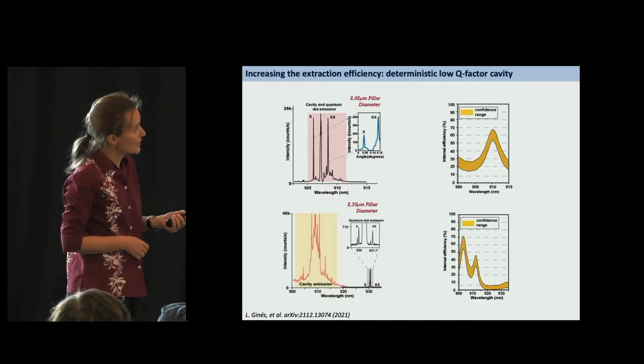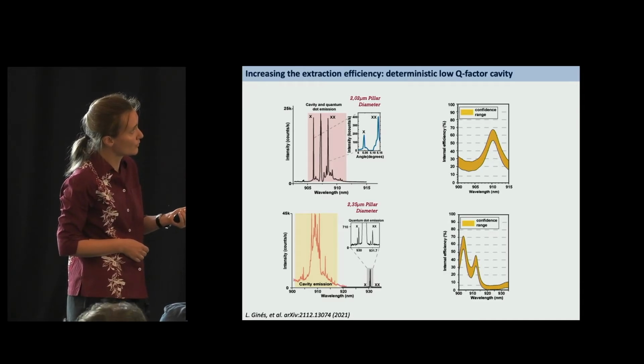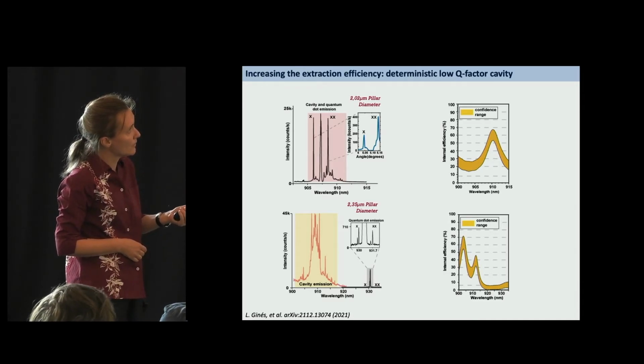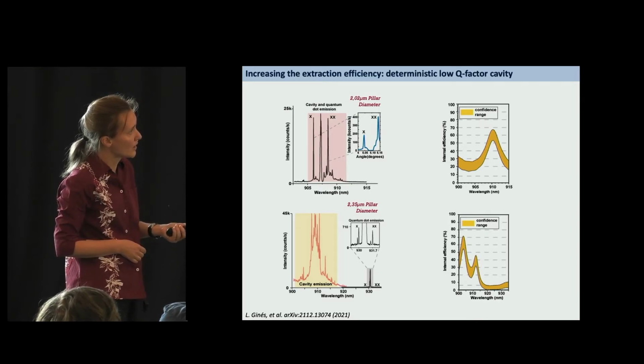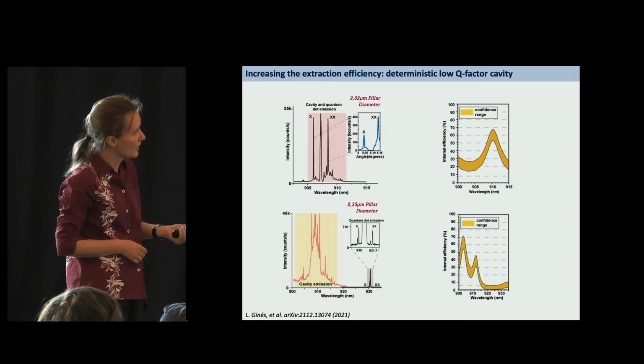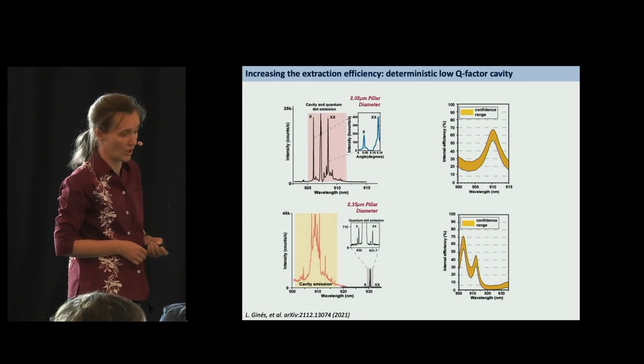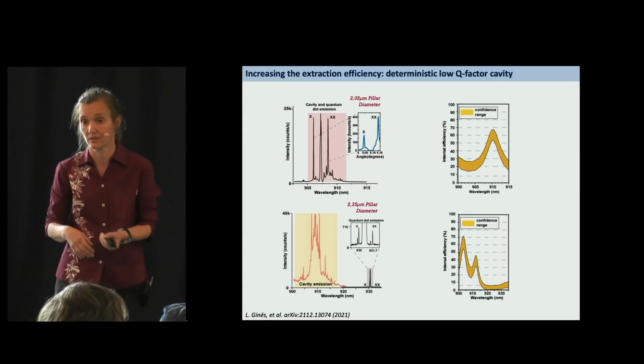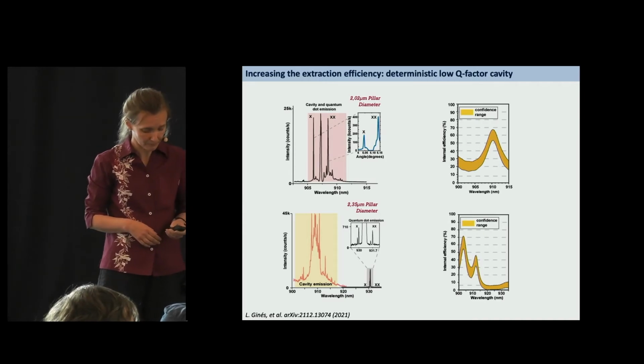In addition to this, this is our simulation, what we should see. And here we would expect something like 70% efficiency, while for this type of pillar, exactly at the wavelength where we looked, we expect to see nothing. And I would say that this is quite in agreement with the simulation.